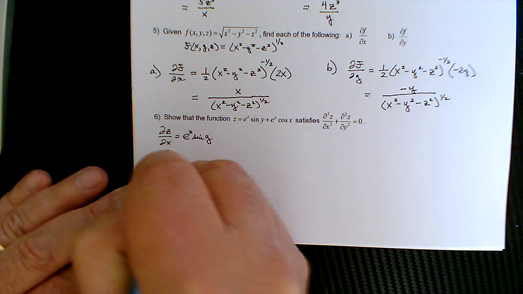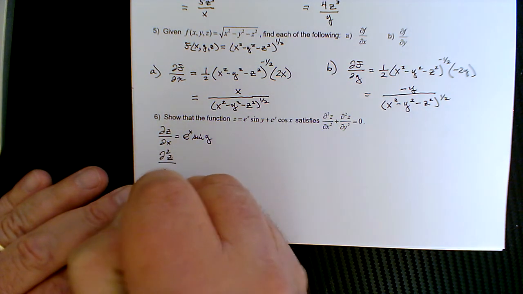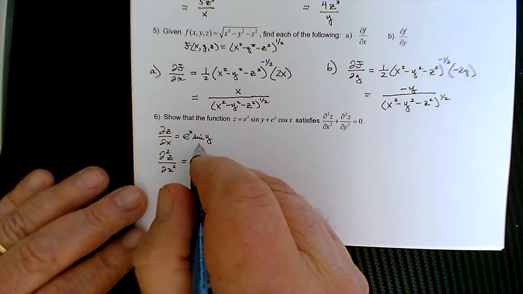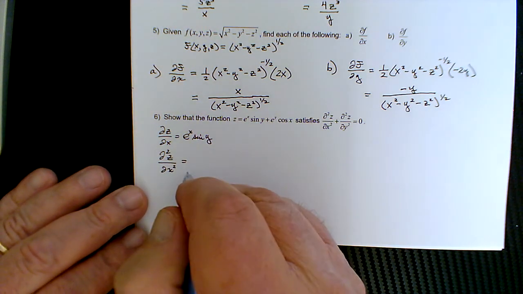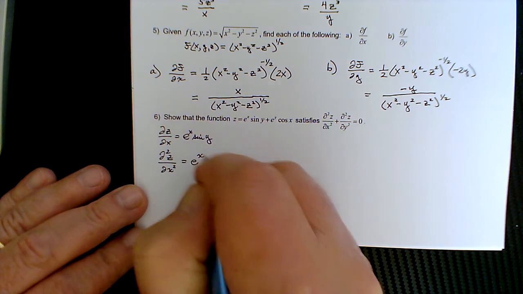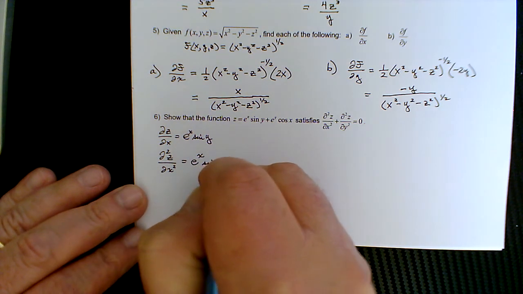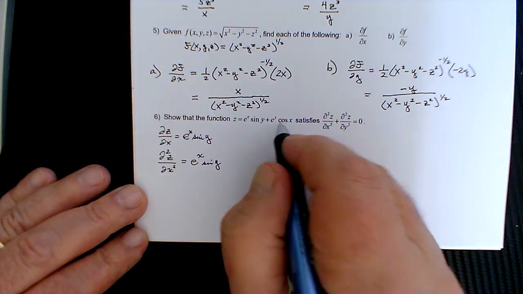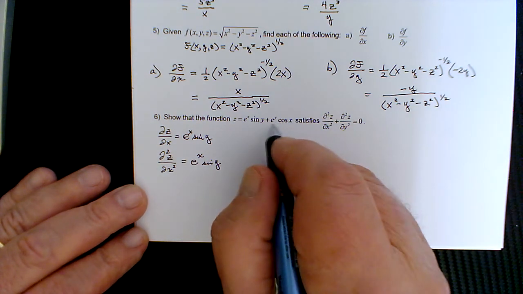So then the second partial of z with respect to x twice. Now looking at the partial with respect to x, do it with respect to x again, and the derivative of e to the x, again, e to the x, and sine of y tags along as a constant. Oh, I'm sorry, I forgot this piece here.